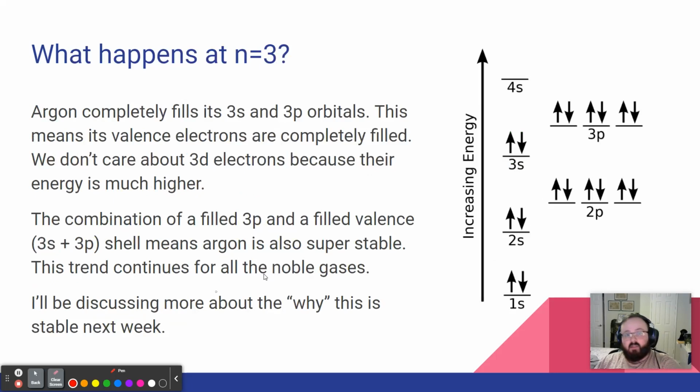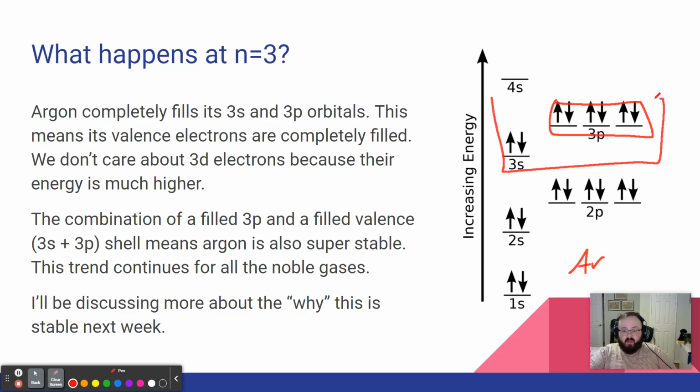And just to showcase this, when we jump up to n equals 3, here is argon. So the electron configuration of argon is to the right. I'll write this in. 3p is filled, just like this. But the 3s and the 3p is completely filled. So these are the valence electrons. Alright, we don't care about 3d because 3d is like all the way up here.